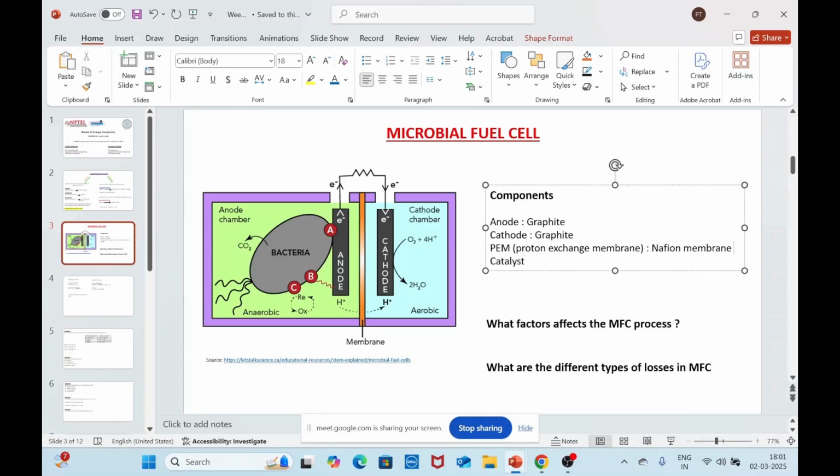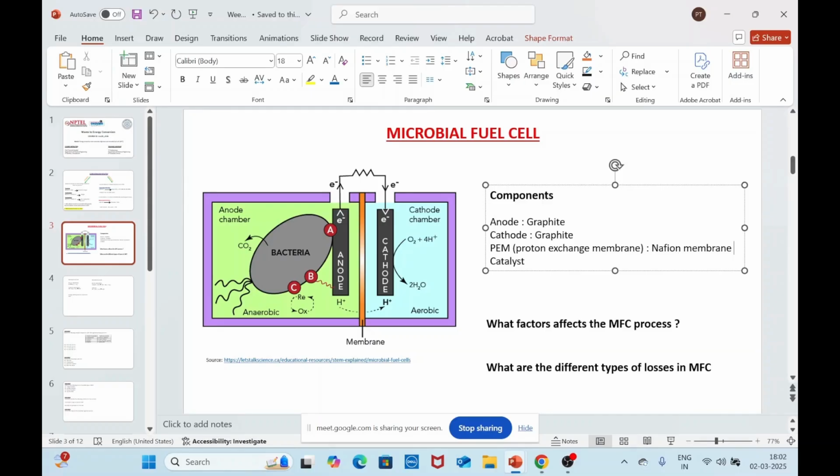Polymer membrane, yes. Nafion is also a polymer, so many polymers can be used for the proton exchange membrane. Out of those, the commercialized one is the Nafion membrane. Nafion is the most commonly used membrane in fuel cells, whether it is a hydrogen fuel cell or a microbial fuel cell.